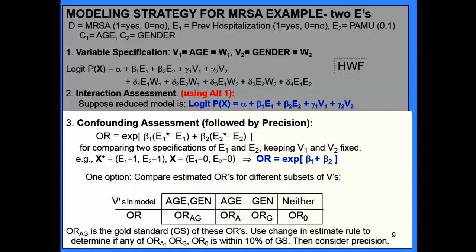So they're previously hospitalized, and they previously used antimicrobial drugs. So what's the value of these 2 variables on that person? 1, 1, right? But what if they have neither? 0, 0. What if they have 1 and not the other? It's either 1, 0 or 0, 1, right?